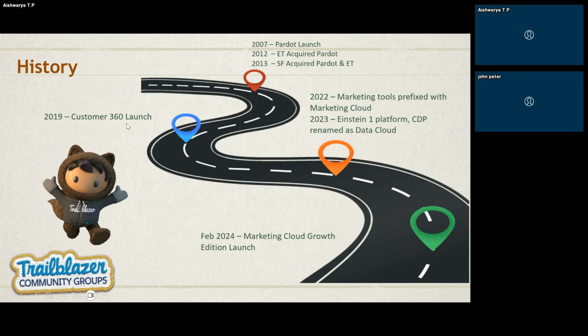That is where you will see here in 2007, Pardot was launched, and it is altogether a separate company, a business that was running for all the B2B customers. It was launched in 2007. Then in 2012, we had Exact Target. Okay, keep this name in your mind. It is Exact Target. This Exact Target acquired Pardot.